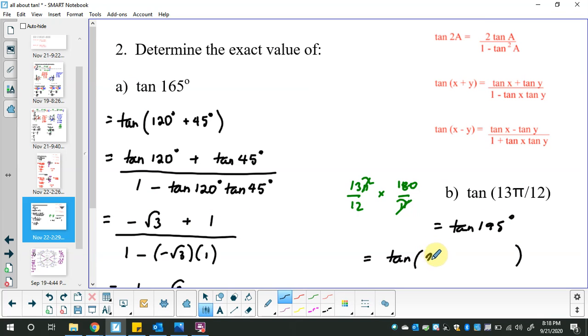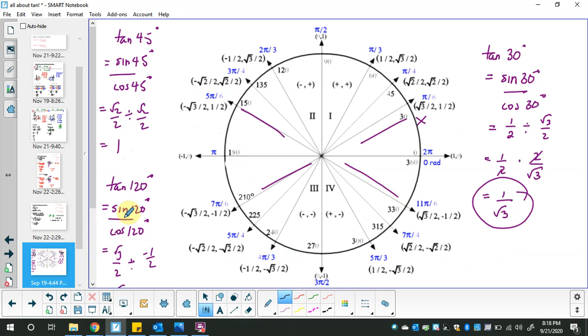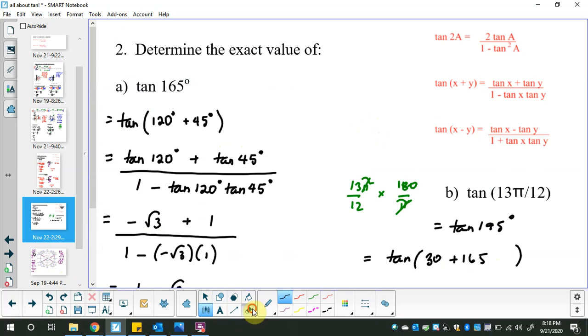That'll be 30 plus 165. 165 is not on there, even though 30 is, and I told you to avoid this. So repick. 135 plus 60.